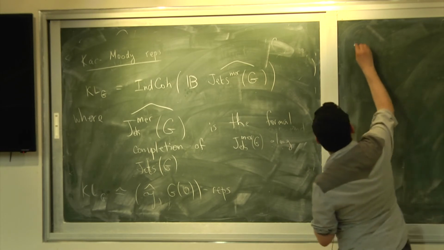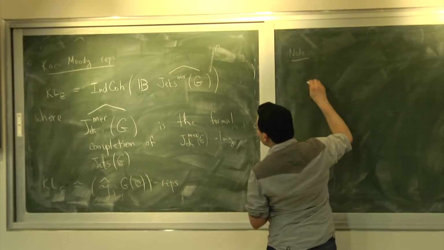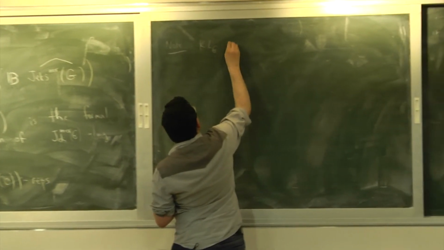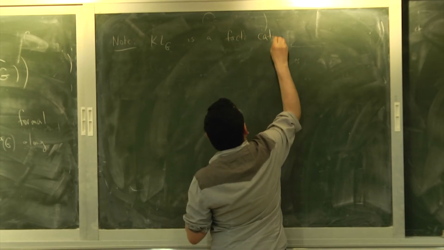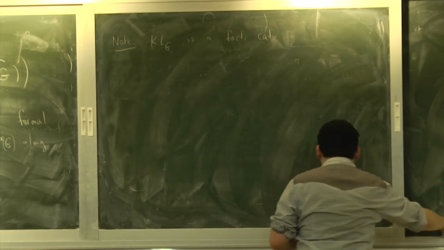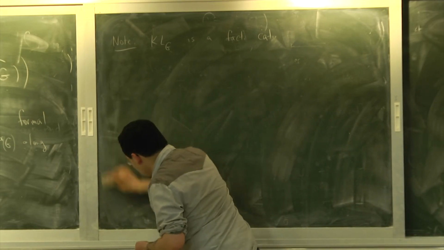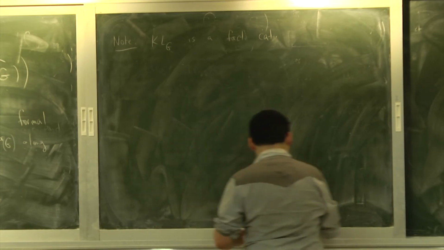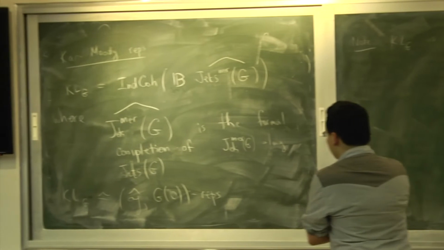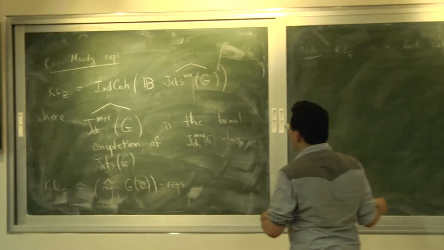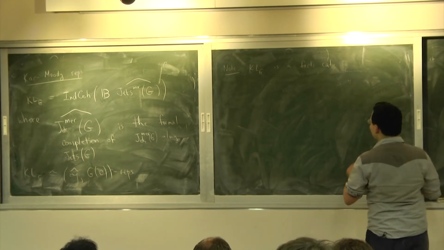So note, KL_G is a factorization category. Okay, so let's try to compare it with the one that I just erased.